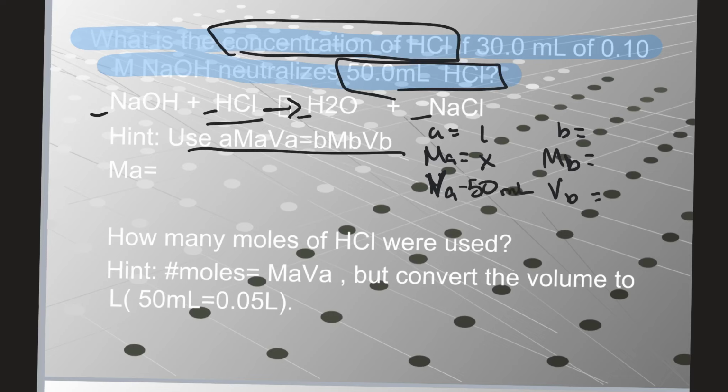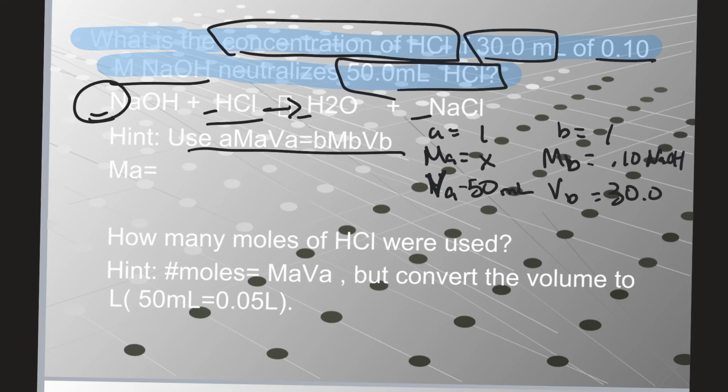B is my base, and the coefficient of my base is 1. For MB, I'm looking for the concentration of my base, which is 0.10 molar NaOH. VB is the volume of my base, which is 30.